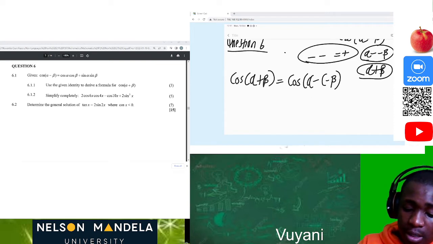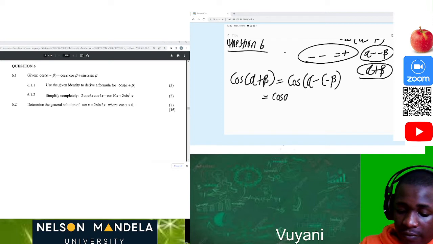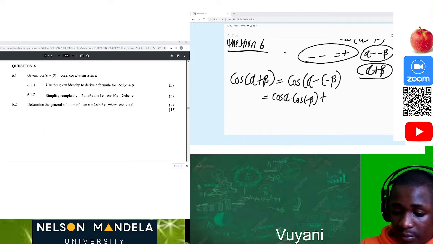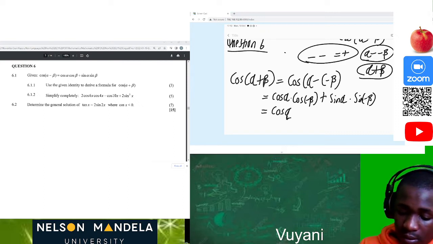Then from that, we apply our compound angle. So that's going to be cos of alpha multiplied by cos of negative beta plus sine of alpha times sine of negative beta, which in turn is going to be cos of alpha times cos of positive beta.